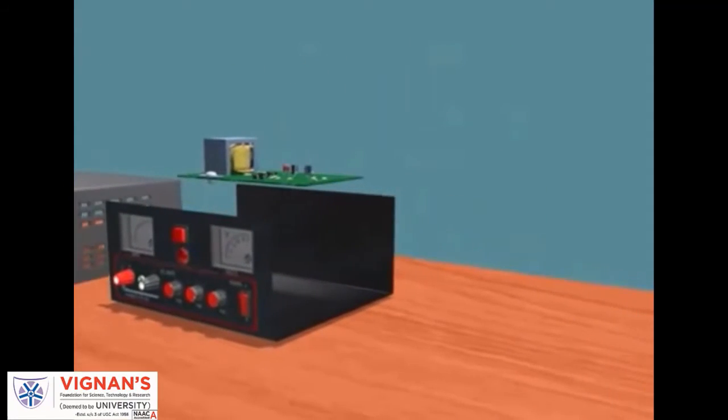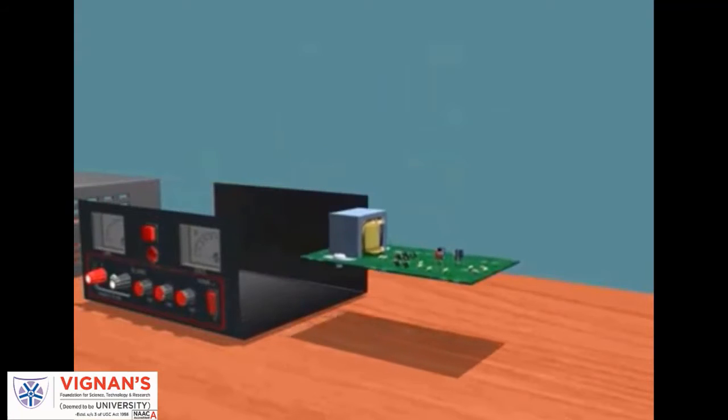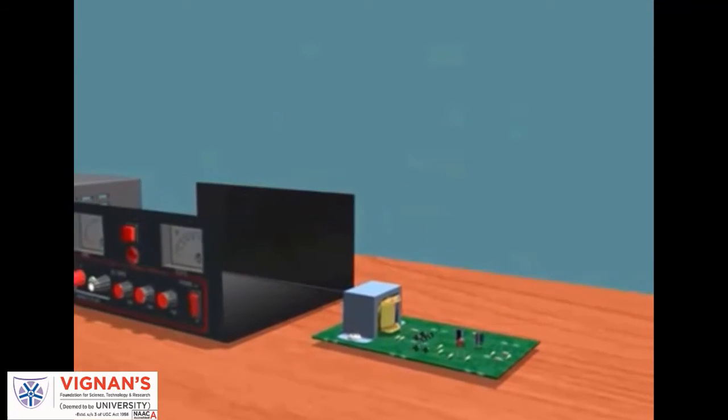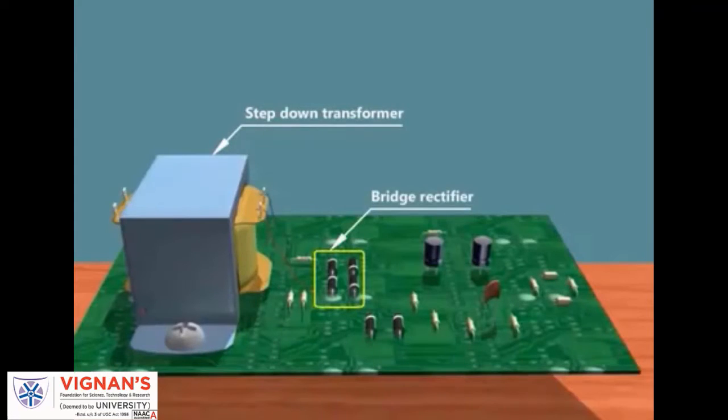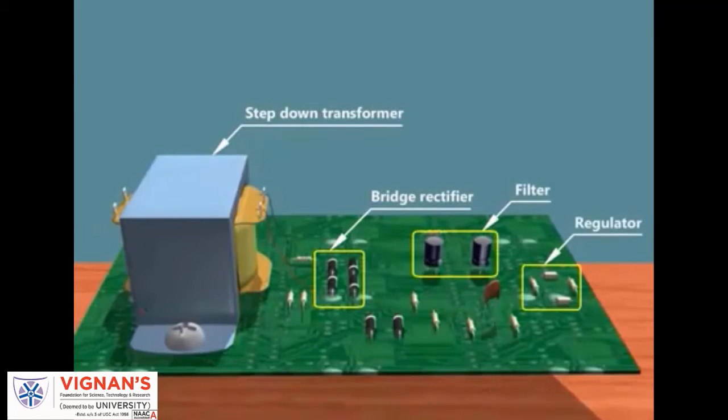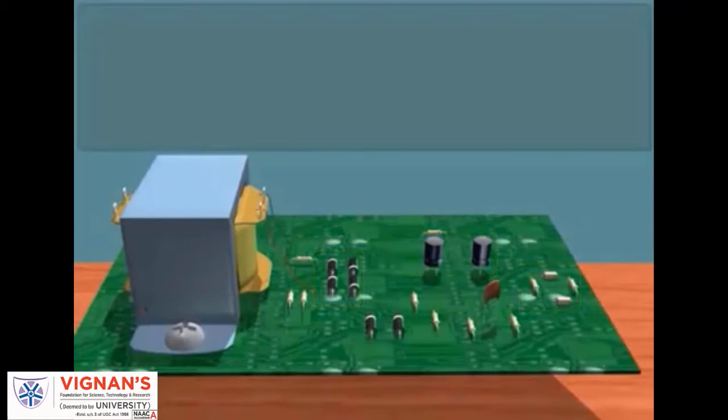Coming to power supplies, a power supply consists mainly of a step down transformer, a rectifier followed by a filter and a regulator.